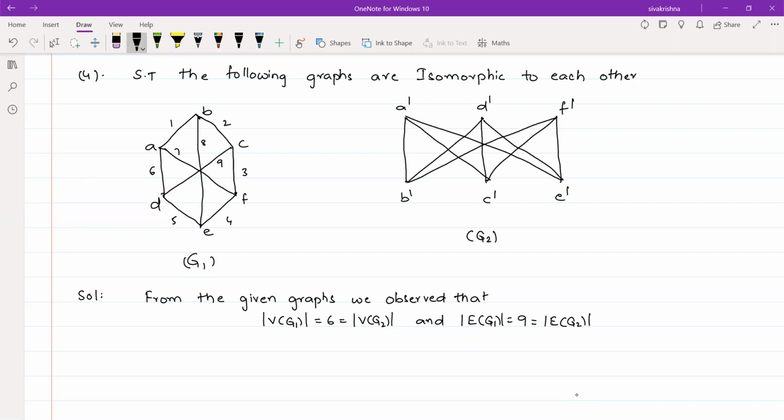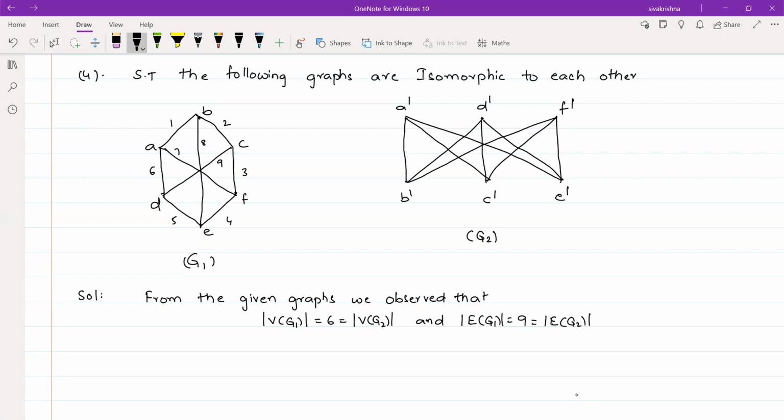It means we have to check the degrees of vertices in both the graphs G1 and G2. If you observe the graphs, in both the graphs each and every vertex is of degree 3. Coming to graph 1, select any vertex. Now I selected vertex E. If you observe the vertex E, there are 3 edges incident on that particular vertex.